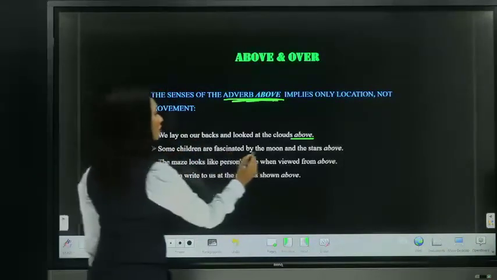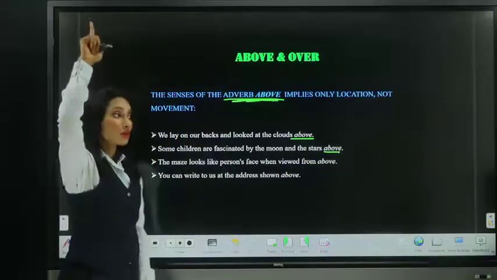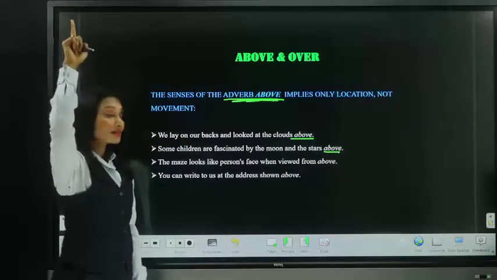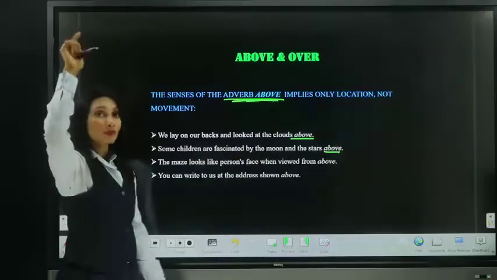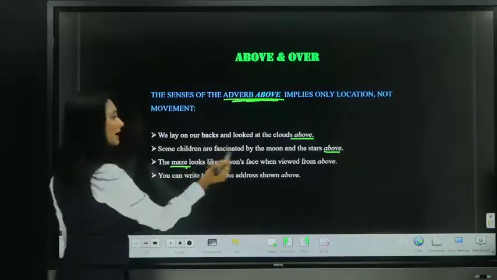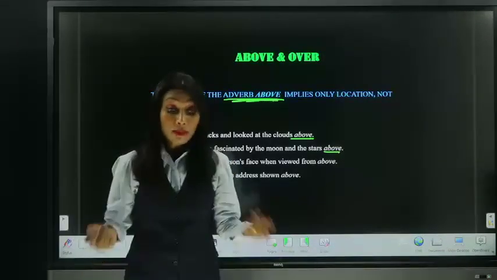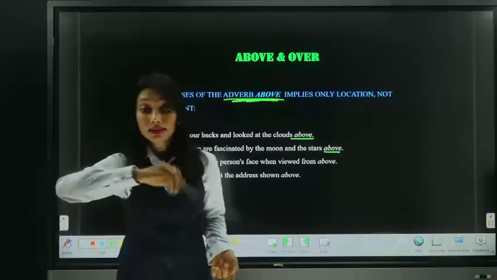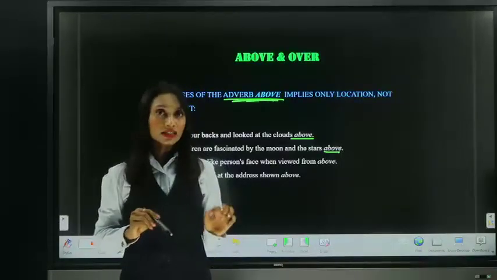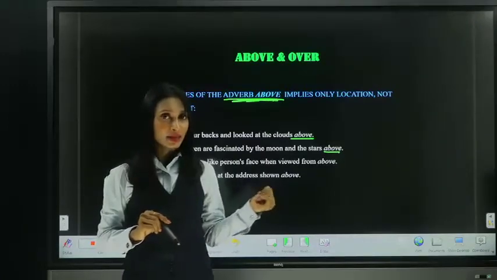Some children are fascinated by the moon and the stars above. Again, we are talking about stars and the moon above. There is no movement. When viewed from above, the maze looks like a person's face. I hope you know the difference between M-A-Z-E and M-A-I-Z-E.